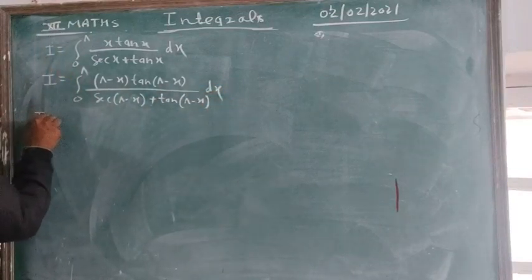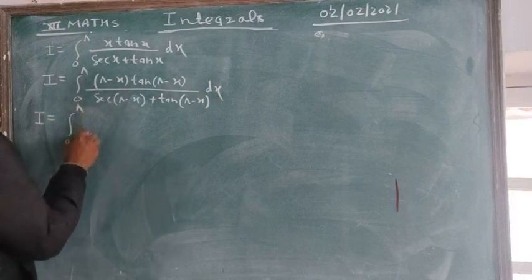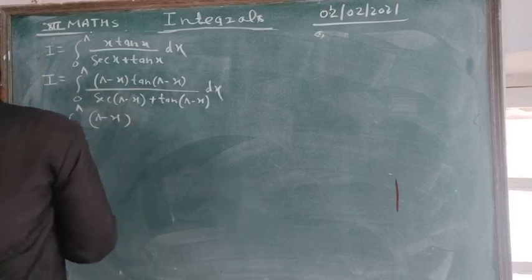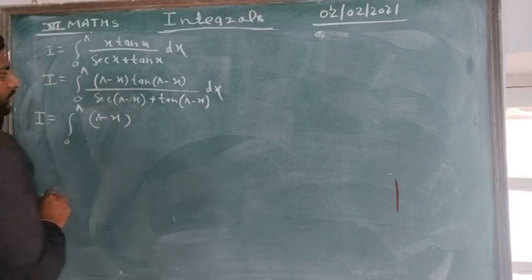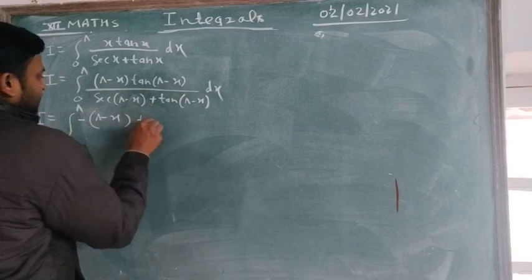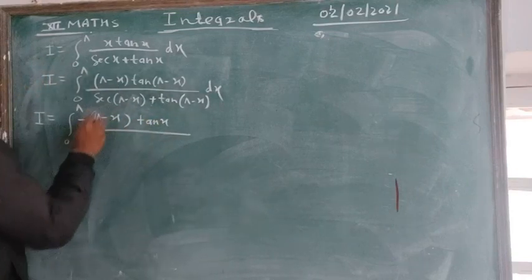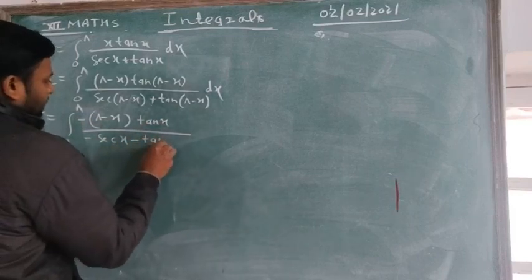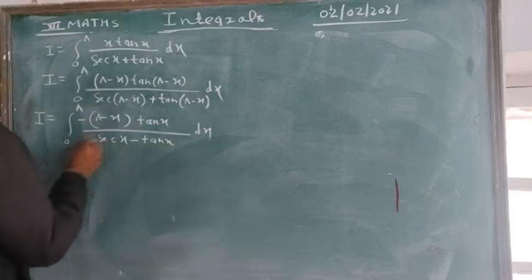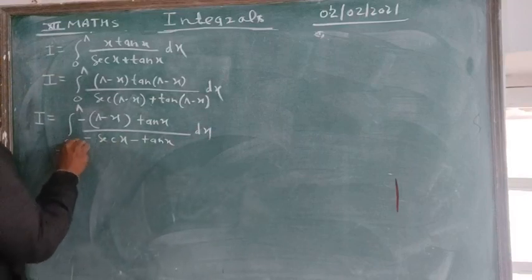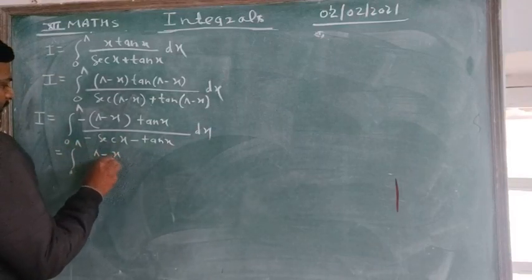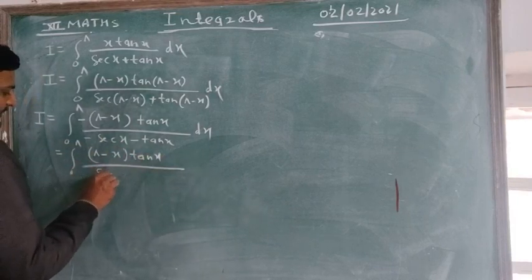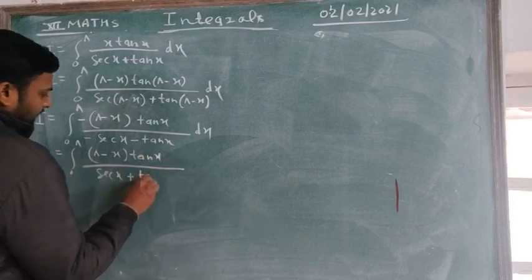Okay students, so our I is 0 to pi of pi minus x, tan (pi minus theta). Okay students, so this is minus tan theta, divided by minus sec theta, and this is minus tan theta. So we are seeing that our negative sign cancels from numerator and denominator, and this is our sec x plus tan x.